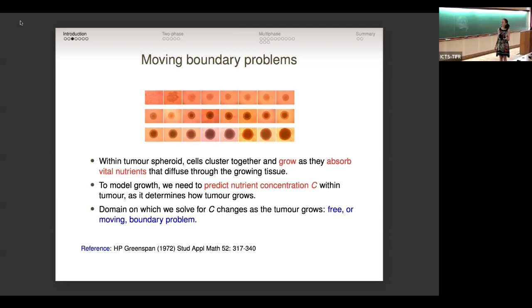If we want to build models to describe these processes, one of the starting points for this section is a model by Greenspan from the 70s, so that's 50 odd years ago now. At that stage, it was very much about sticking an oxygen probe into a tumour spheroid.